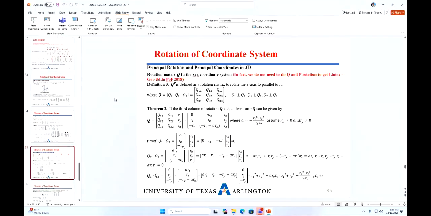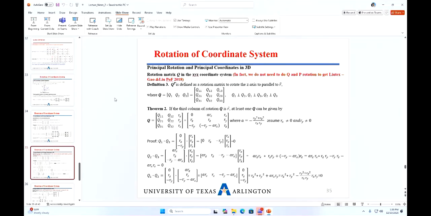As I say, we need to satisfy Q1 orthogonal to Q2, Q1 to Q3, Q2 to Q3. According to this, I don't want to give the very details. We can find Q1 and Q2. We did find what Q1, Q2 are, because they have 3 coordinates, not only Z. You need to find capital X and capital Y. We can find it by this calculation, based on these 3 conditions.